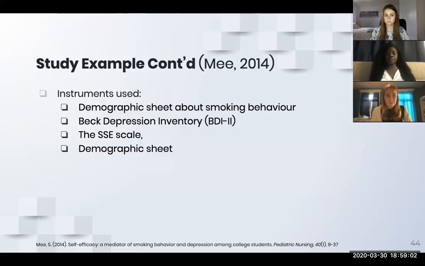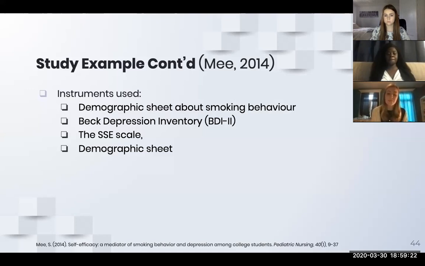The instruments used, there was a variety of them, which, as we noted, is a good thing. Instruments used: the demographic sheet about their smoking behavior, so whether or not they had smoked a cigarette within the last 30 days. And then the Beck Depression Inventory. You might have heard of this in other studies that you've read, or maybe in a psychology class.